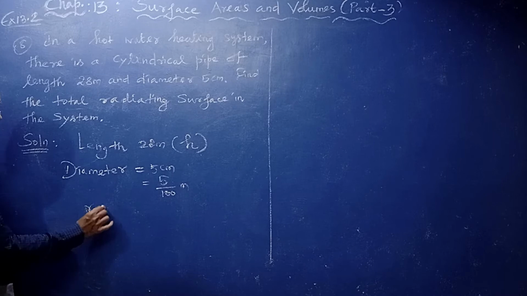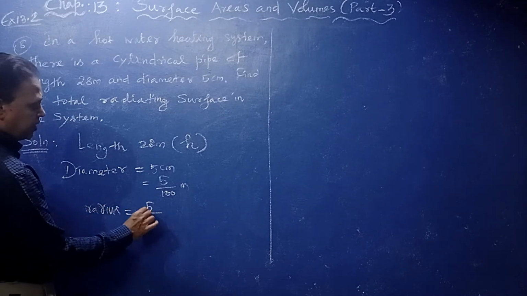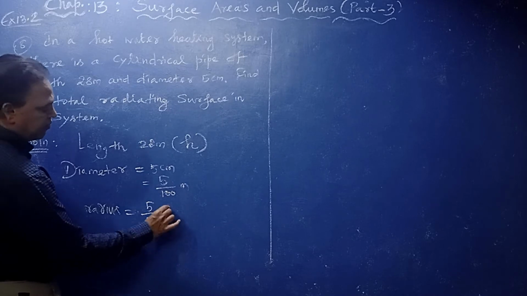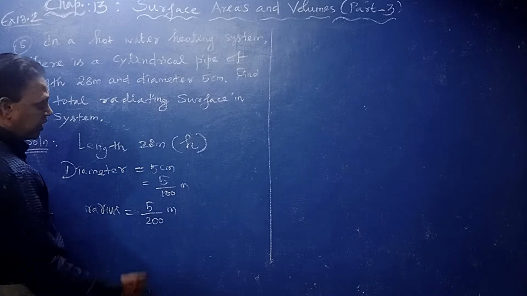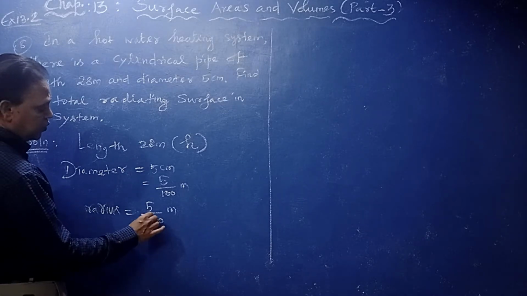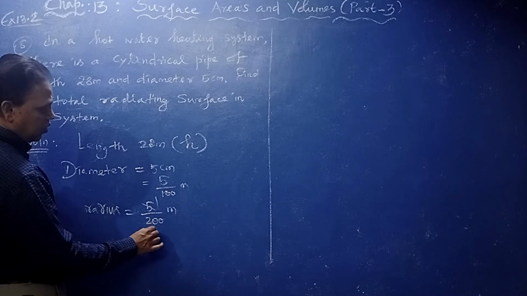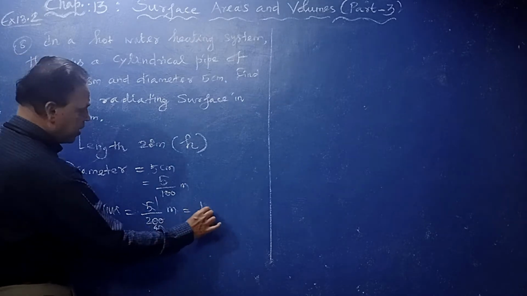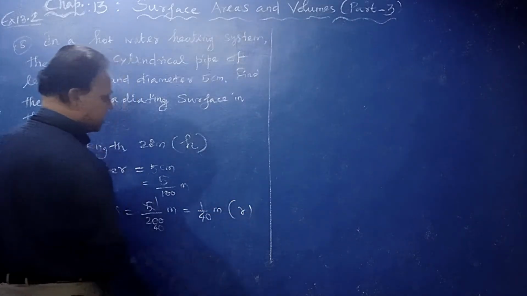Now radius equals 5 by 100 divided by 2, which is 5 by 200 meter. You can keep it as it is, or change it into a fraction: 5 goes one time, 200 goes 40 times, that is 1 by 40 meter. This one you take as R.